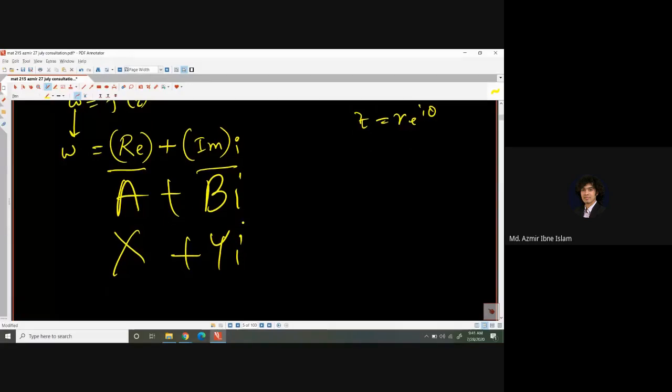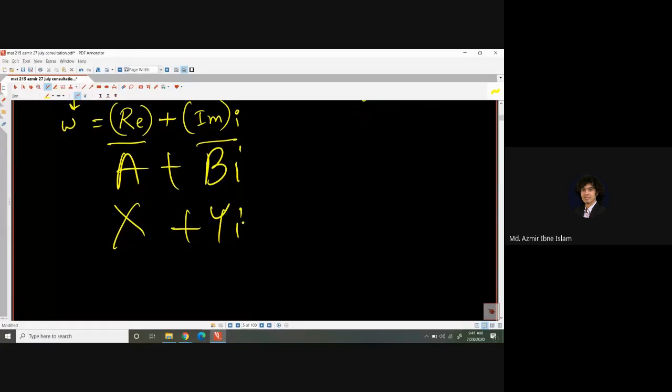So in a complex valued function, we denote the real part as u and the imaginary part as v. There are two possibilities.